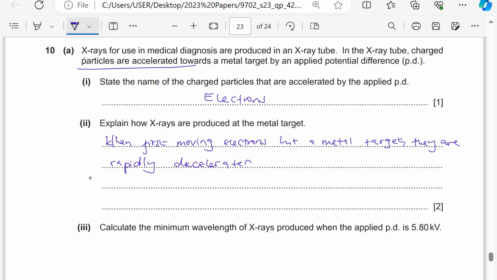Of course, they have lost the kinetic energy. So the kinetic energy lost by the electrons is emitted as X-ray photons.